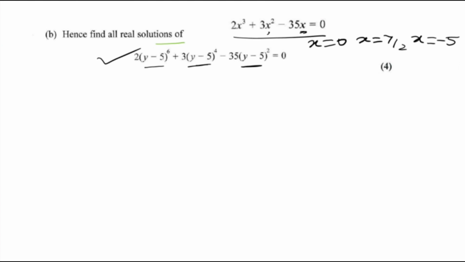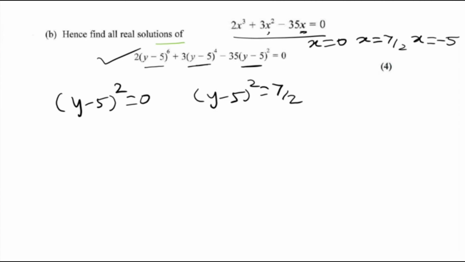So instead of x, I can substitute here. So I can write y minus 5 squared is equal to 0, y minus 5 squared is equal to 7 over 2, y minus 5 squared is equal to minus 5. Because these are all three solutions of x.